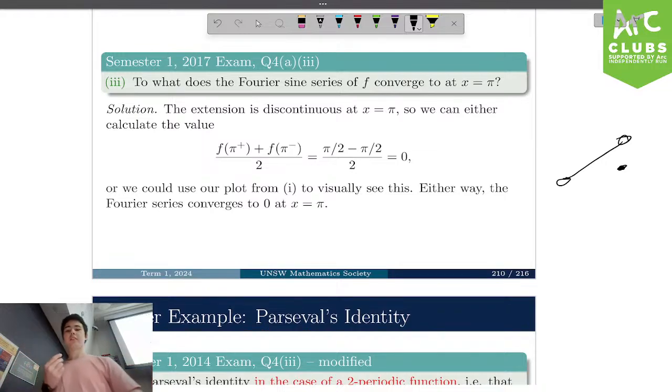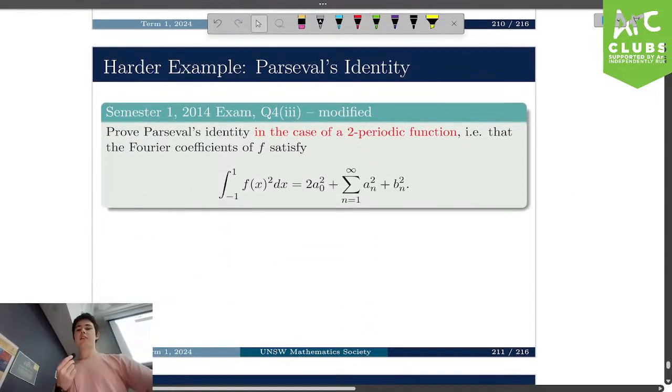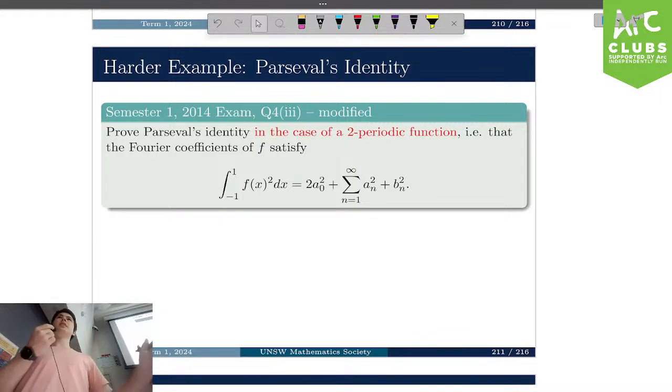Okay, that concludes that question, and we're going to take a sneaky peek at Parseval's identity, because it might be somewhat relevant in later cases, but it's more of a proof thing. So we're going to prove Parseval's identity in the case of a 2-periodic function. So 2-periodic implies that the period is 2.